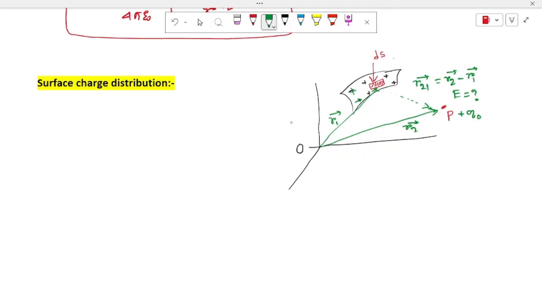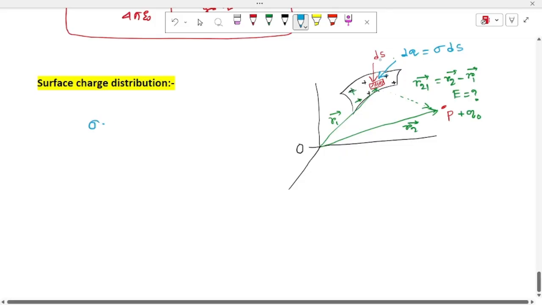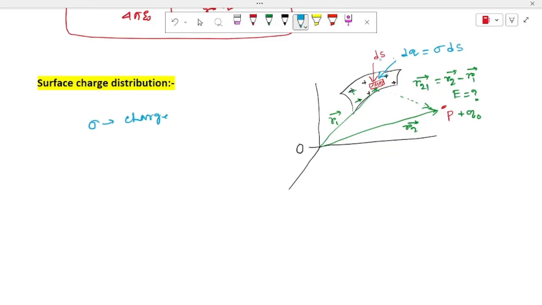So here also, in this small element ds, we will take the charge. The charge will be dq is equal to sigma ds, where sigma is charge per unit area.